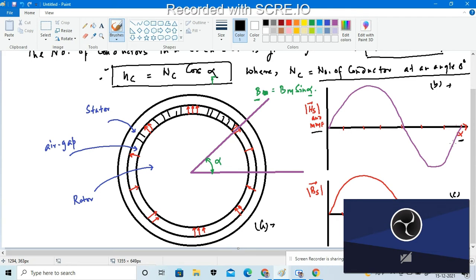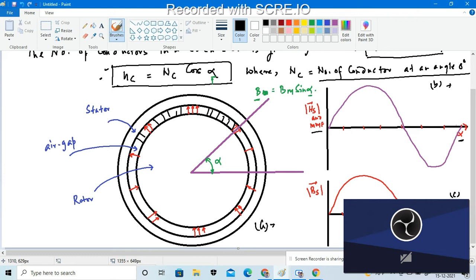And if the magnetizing intensity varies sinusoidally, then as I already told, the flux density vectors will also vary sinusoidally as a function of the angle alpha in the air gap. So that is actually the relationship.